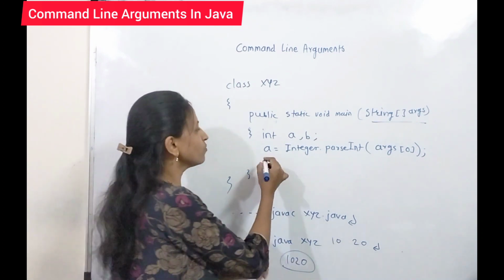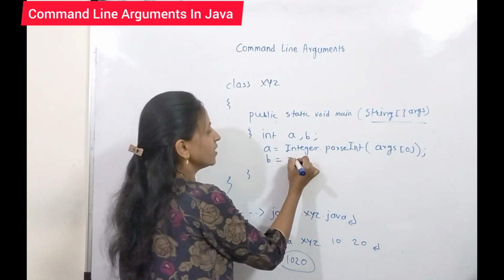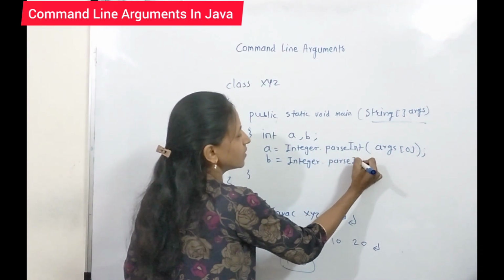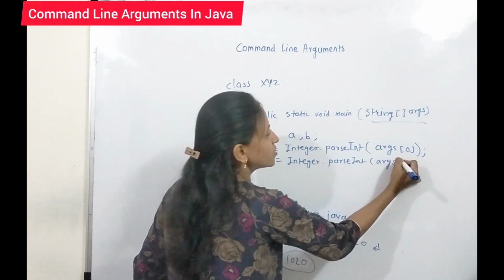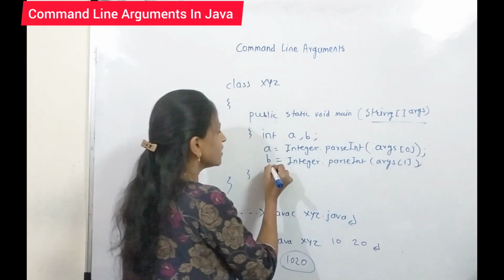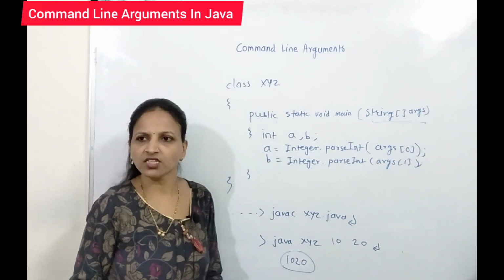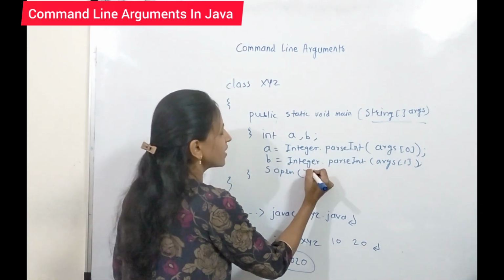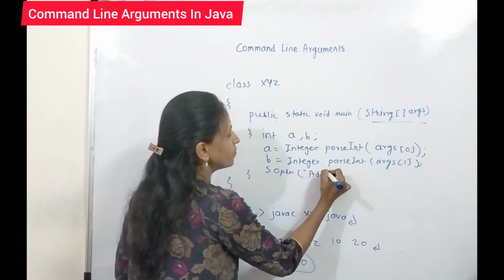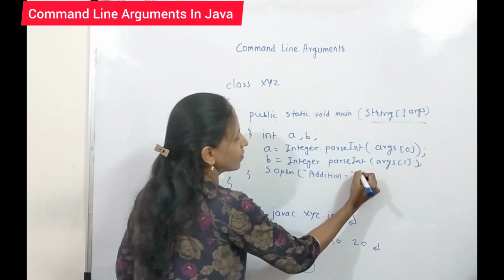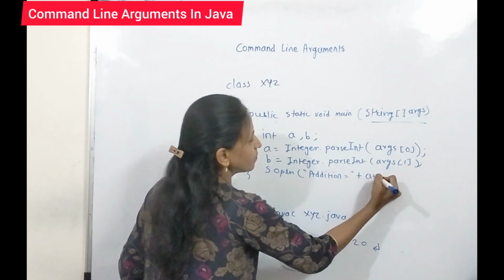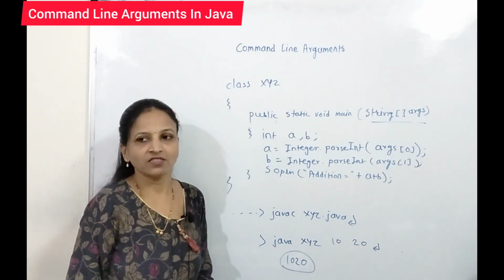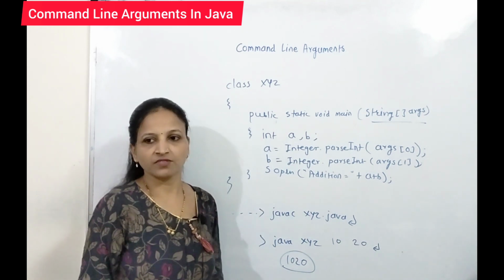In the same way we have to do with b, Integer.parseInt(args of 1), and finally you have to display the addition. Simple. SOPLN, here we will write addition equal to, a plus b. Now it will give you of course the answer 30. Addition equal to 30. Getting? Just write it down fast.